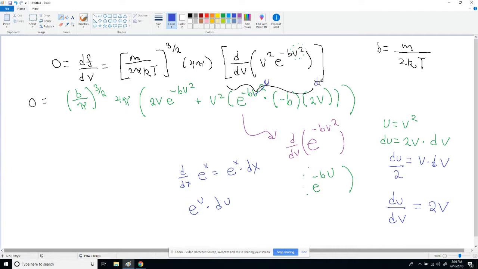So the du by dv part is over here. It changes by 2v. So what we're doing over here is we're saying e to the u times du by dv. And that's how we get this representation over here.